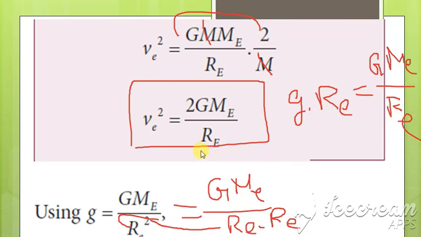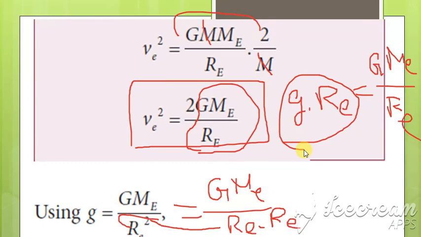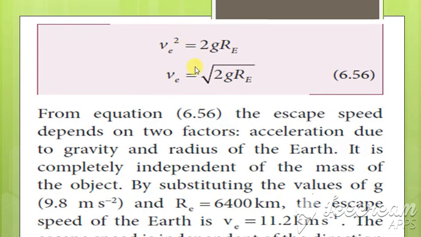So in place of G me divided by re, we can write g into re. So we get ve square is equal to 2 g into re. Bringing the square to this side, we get root of 2 g into re.